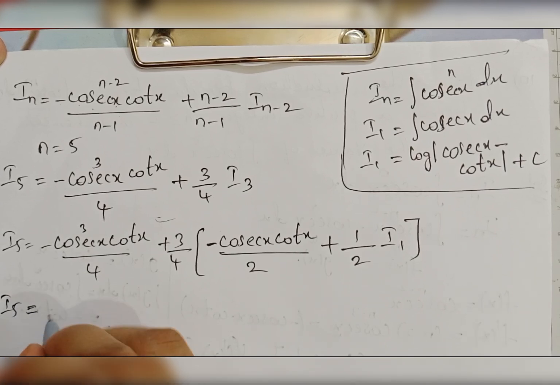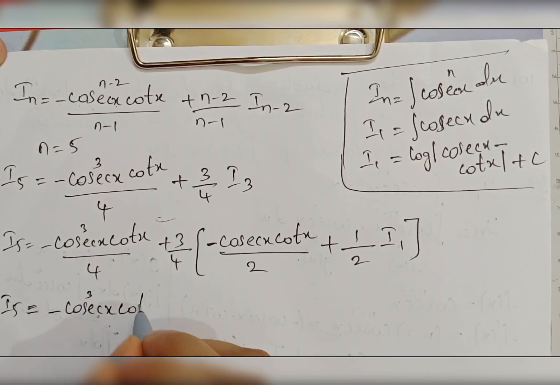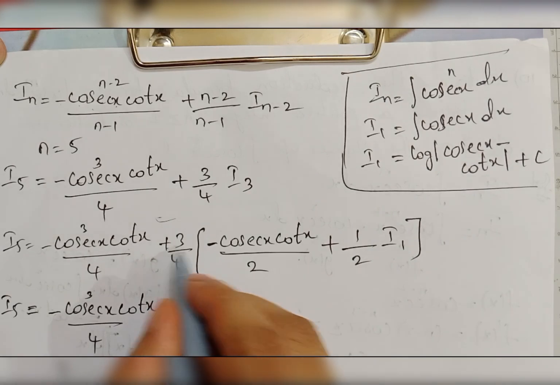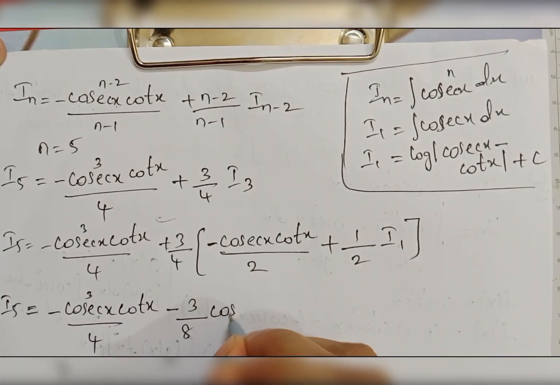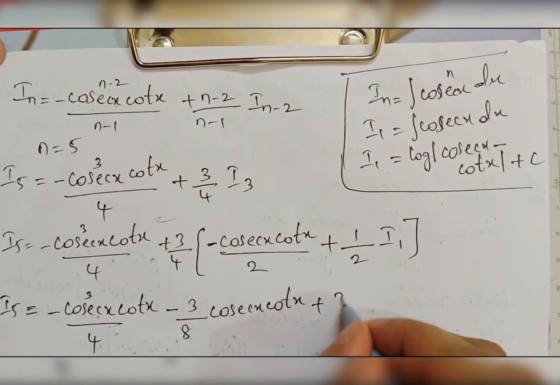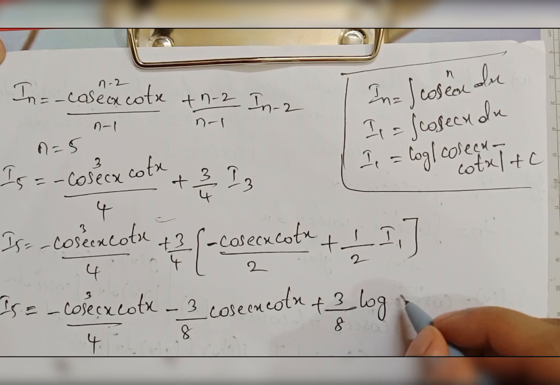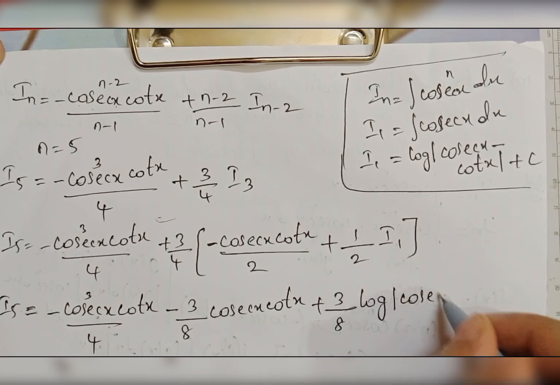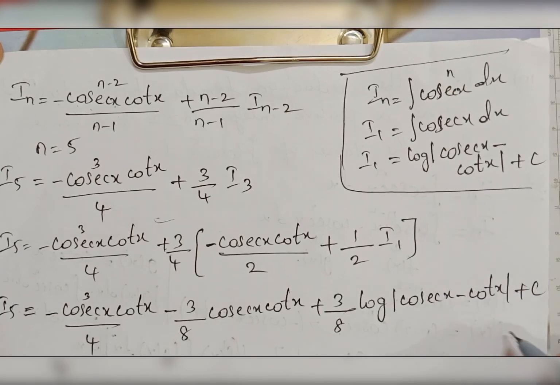Okay, so it is minus cosecant x power cube into cot x by 4, plus into minus is minus 3 by 8 cosecant x into cot x, and here it will be plus 3 by 8 into I1, whose value is log mod cosecant x minus cot x plus c. That is the answer.